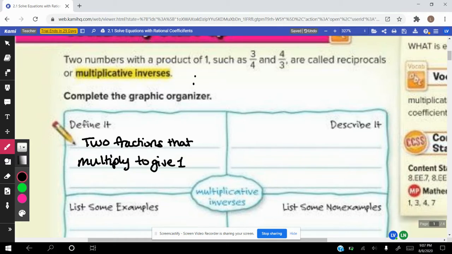So a descriptor, we have the numerator and denominator of a fraction switch places.